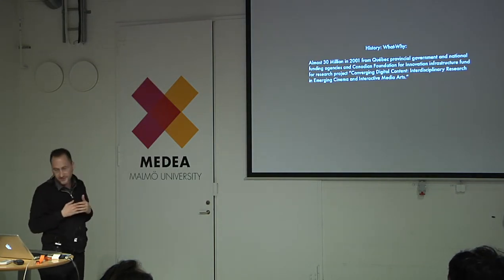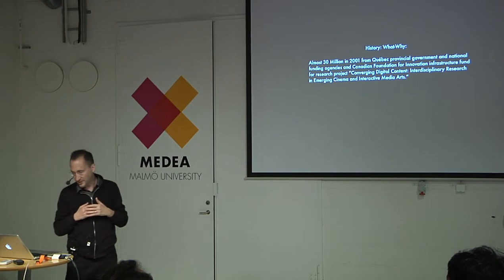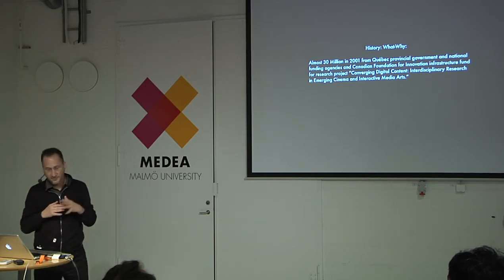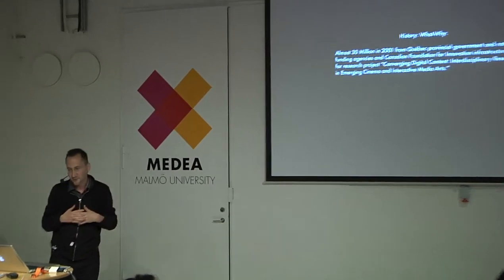In 2001, $30 million came from the Quebec provincial government, along with the majority of it from the Canadian Foundation for Innovation, which funds large-scale scientific infrastructure in research complexes, in universities and independent research centers, as well as government research centers. And it was for a project called Converging Digital Content, Interdisciplinary Research in Emerging Cinema and Interactive Media Arts.